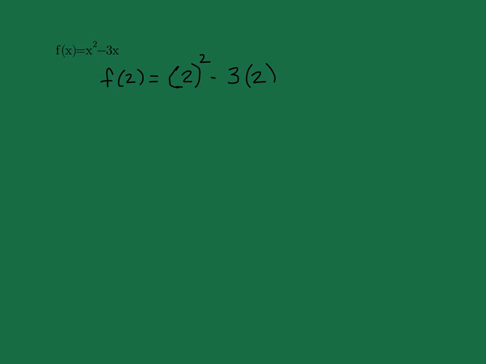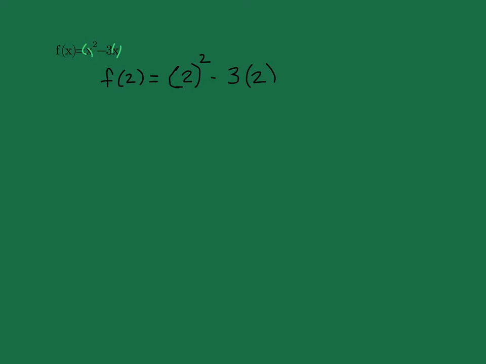So it's a good idea in some cases to put parentheses around whatever you're replacing the x with as you work through it. So f of 2 is equal to 2 squared minus 3 times 2.